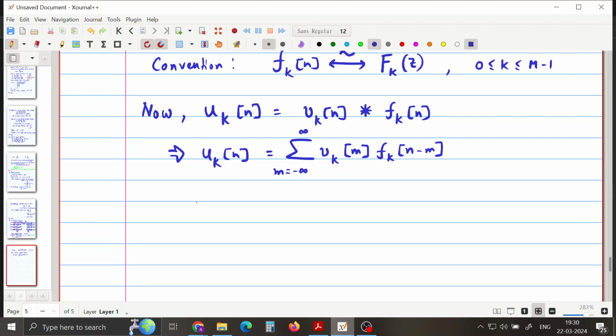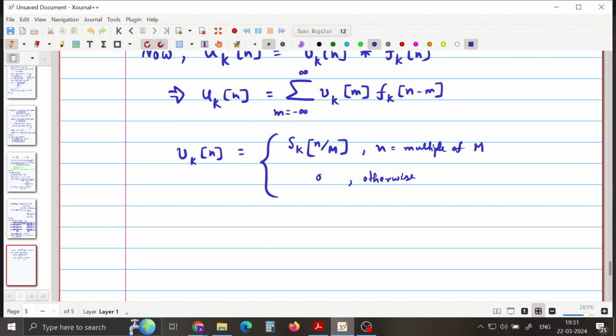Now coming to the definition of upsampler, this Vk of n is Sk of n by capital M, where capital M is my upsampling factor, when n is a multiple of capital M, and it is 0 otherwise. We have seen this before, we are familiar with this. Let me call this equation 2.